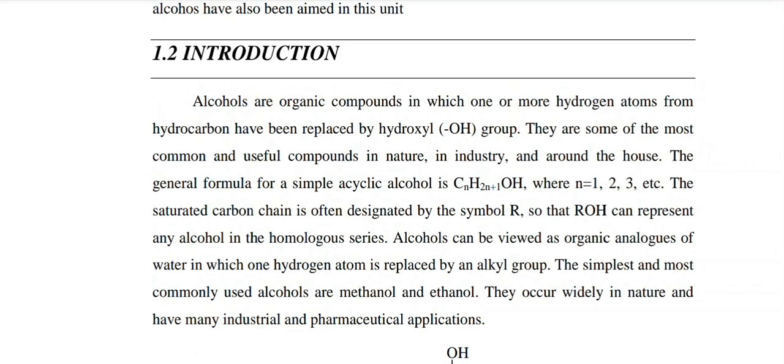Introduction. Alcohols are organic compounds in which one or more hydrogen atoms from a hydrocarbon are replaced by a hydroxyl group. They are some of the most common and useful compounds in nature, in industry and around the house.